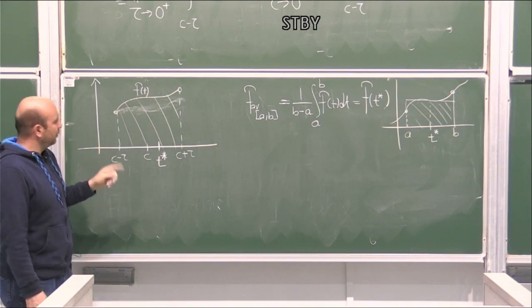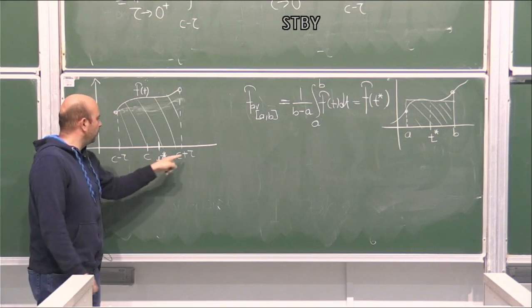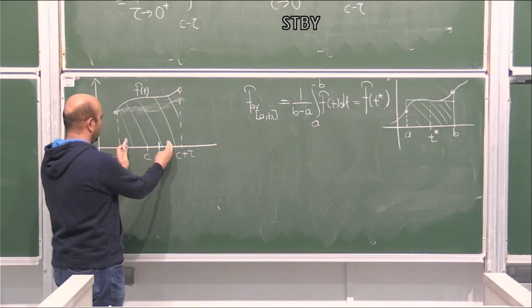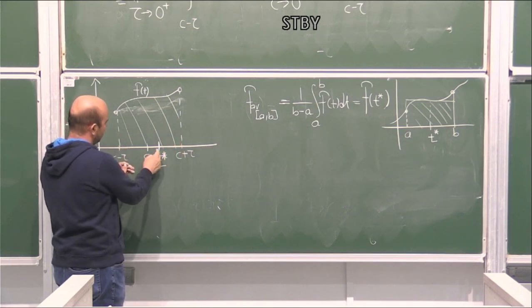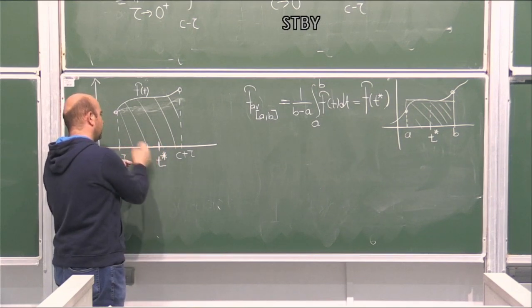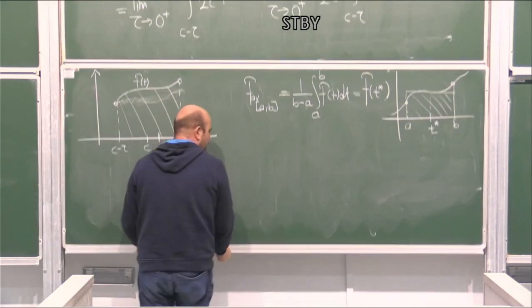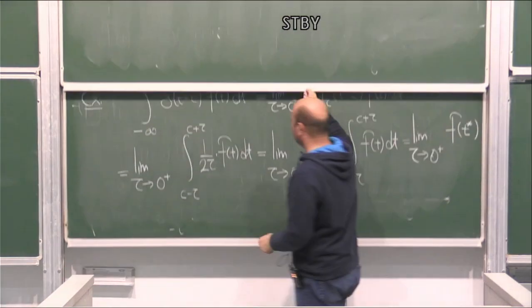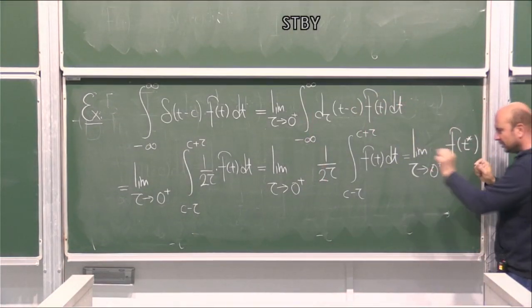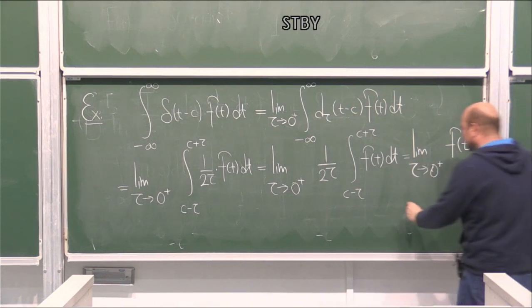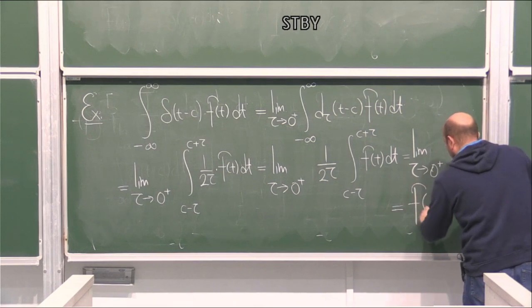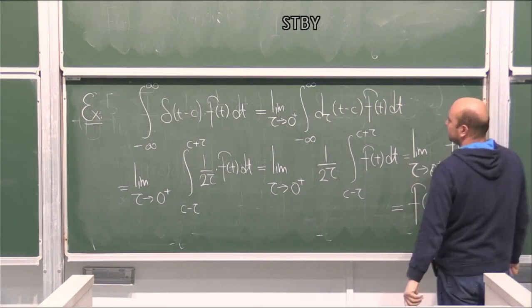Now what happens? Of course t star will depend on tau, but we see the following. As tau gets smaller, t star gets closer to c. And so eventually, if tau goes to 0, this t star will go to c, which says that this limit will be f of c.